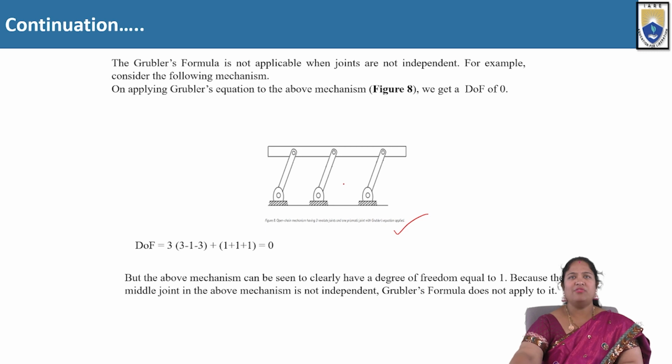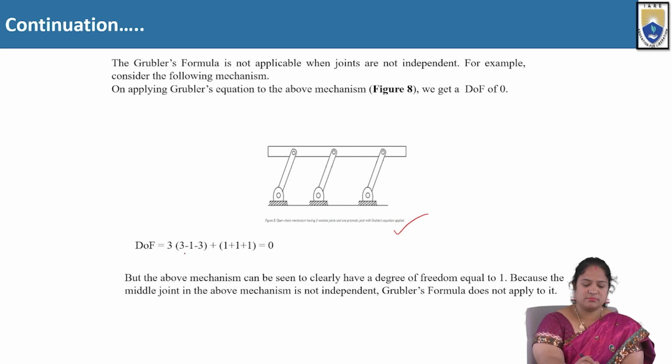Now, the Grubler formula is not applicable when joints are not independent. Clear? The Grubler formula is not applicable when the joints are not independent. For example, it is not applicable for a closed chain mechanism. On applying the Grubler equation to the above mechanism, we get the degree of freedom as 0. Right?